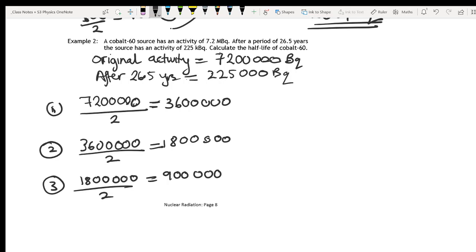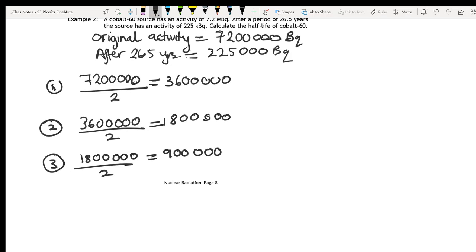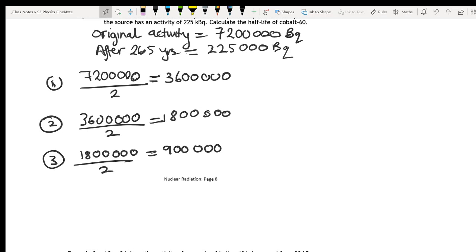So you're trying to get to 225,000. Start, divide by 2 equals, answer divided by 2 equals, answer divided by 2 equals, until you get to the one that you're looking for.